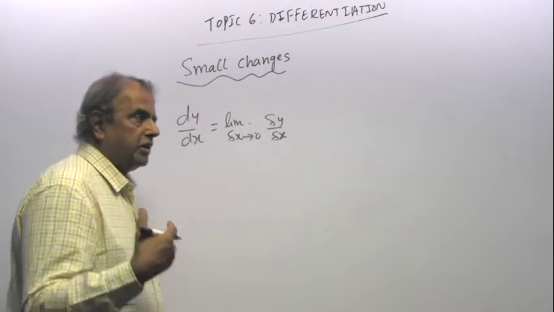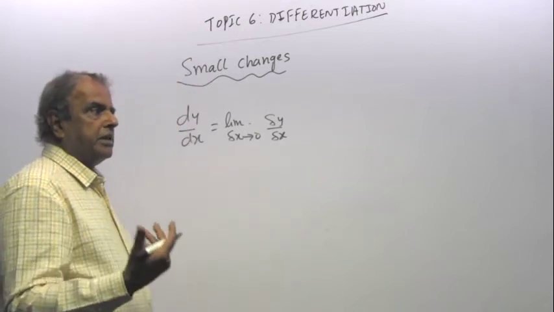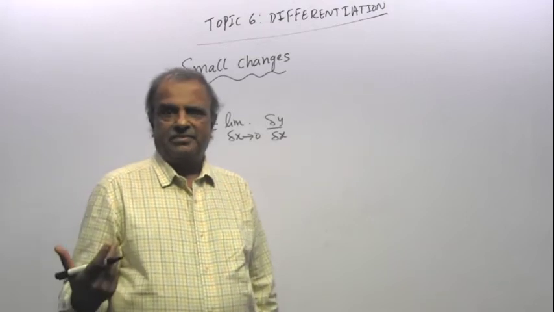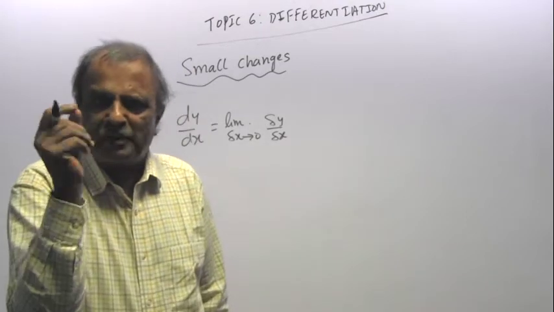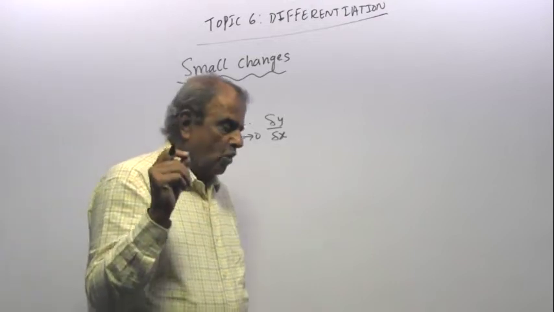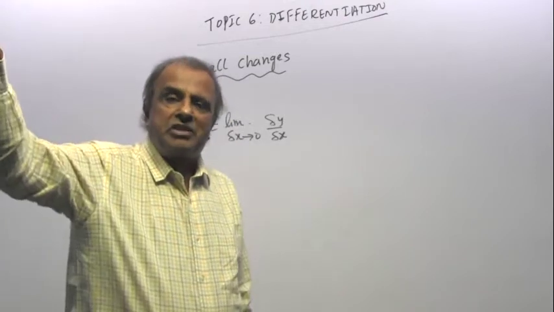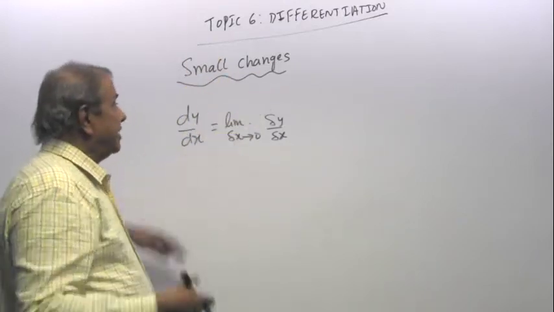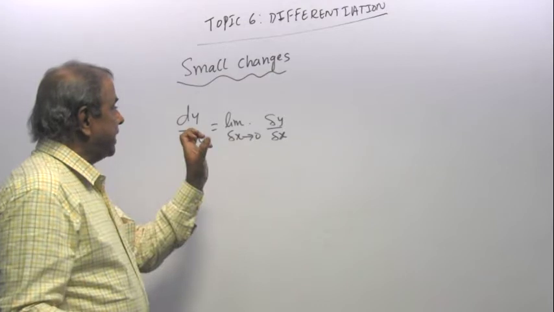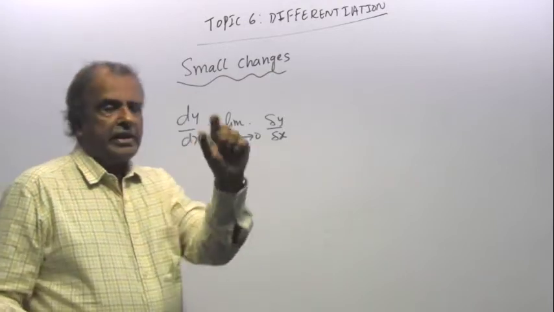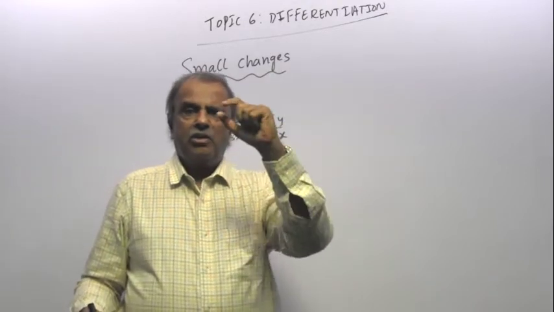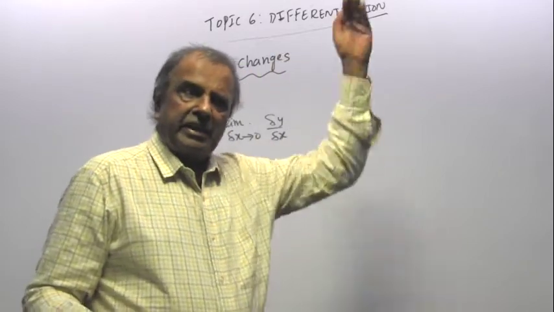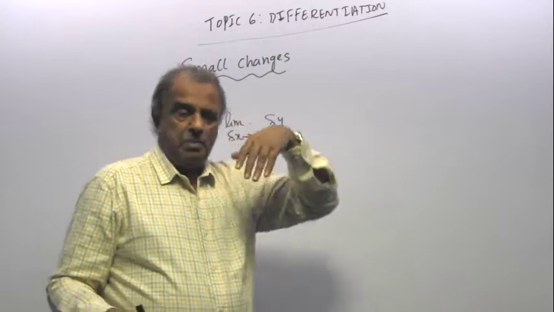So if, for example, the volume is related to the radius, and there's a very small percentage change in the radius, what might be the percentage change in volume? Remember we did related rates last time. This time we're doing small changes, wherein a very small change in x affects the change in any other variable connected to x.